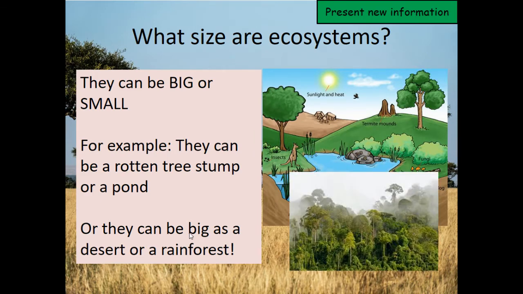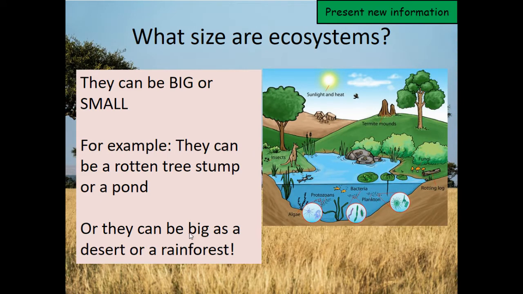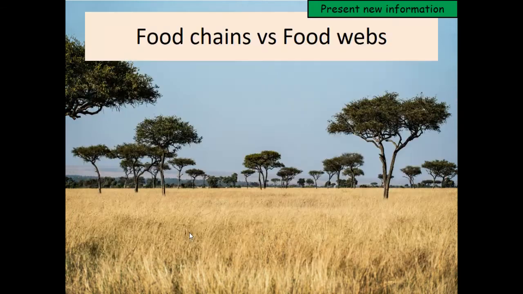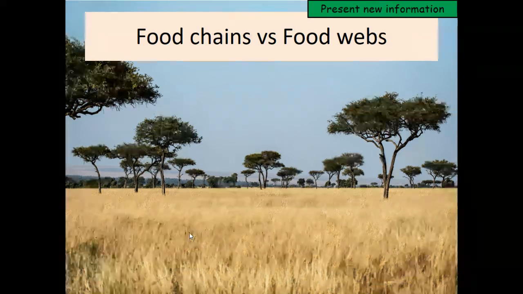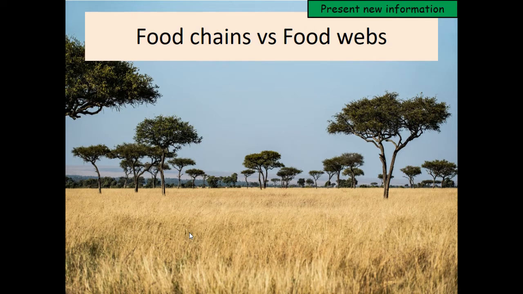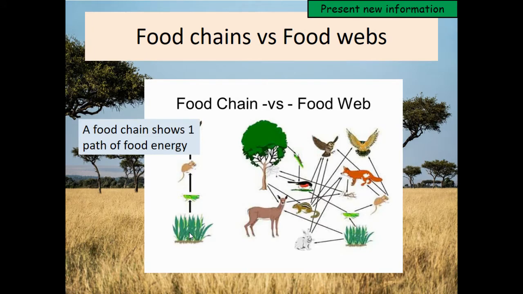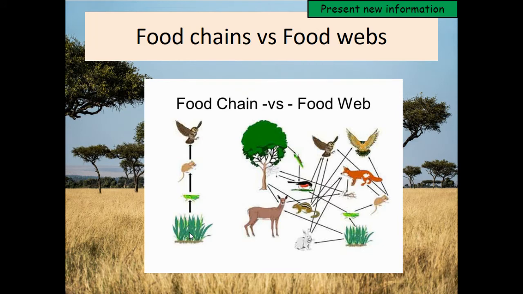So here we go, we've got some pictures here. So it can either be a small pond, or it could be as big as a rainforest. Now, we're going to have a look at food chains versus food webs. Now, a food chain is the way that animals eat their food.